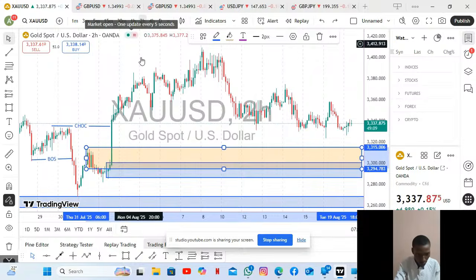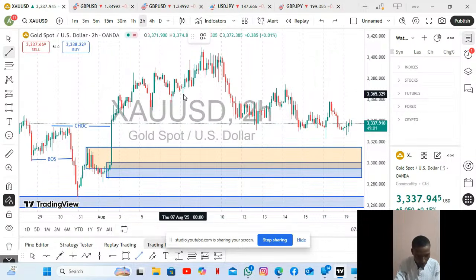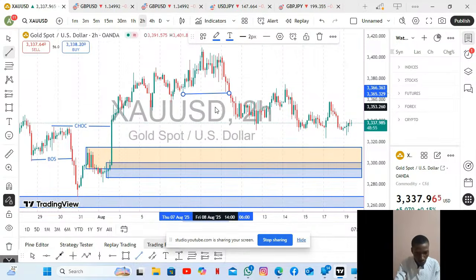but before we leave, you can notice that when the market went up at this particular point in time, there was a change of character, which is causing the movement that the market is coming to sweep this liquidity here.